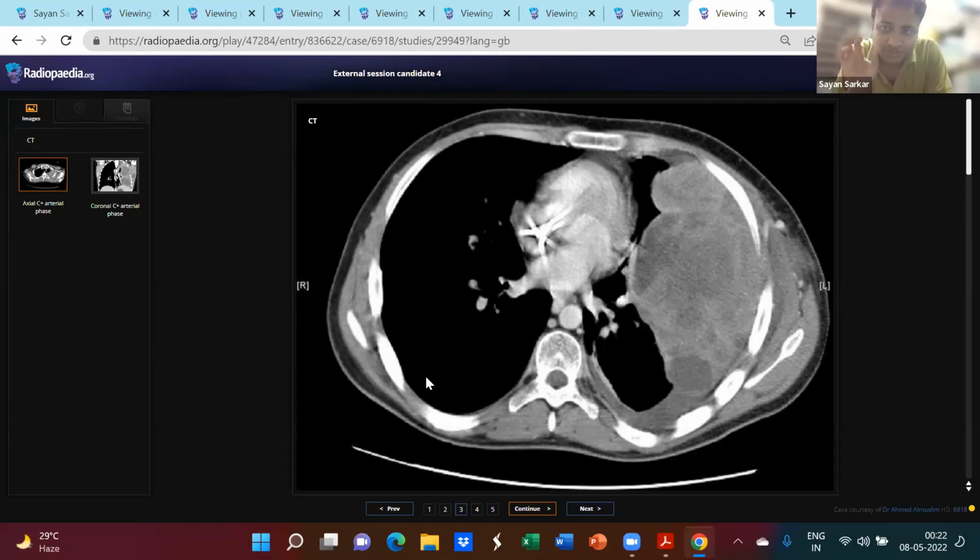Exactly. So in a solid lesion, which is almost entirely solid, which area do you target for sampling? A more central area. You wouldn't want to go much deeper with the fear of causing lung injury. Much deeper, as in?